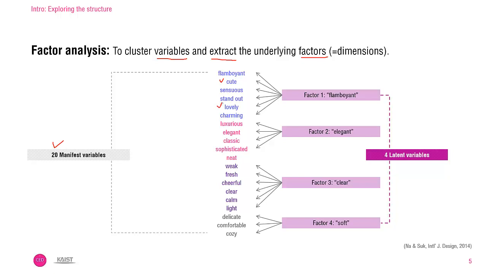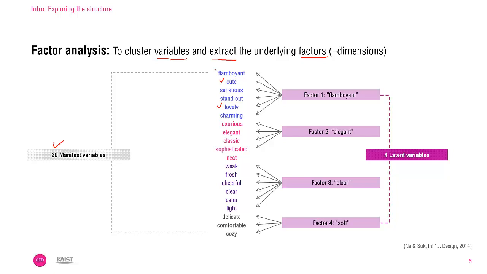Asking how cute a color is is actually quite similar to the question how lovely a color is. In such a way, the scores of colors may be correlated between certain adjectives. Based on the correlations, some dependent variables, in this case some adjectives, can be clustered. This is how the vector analysis is working.